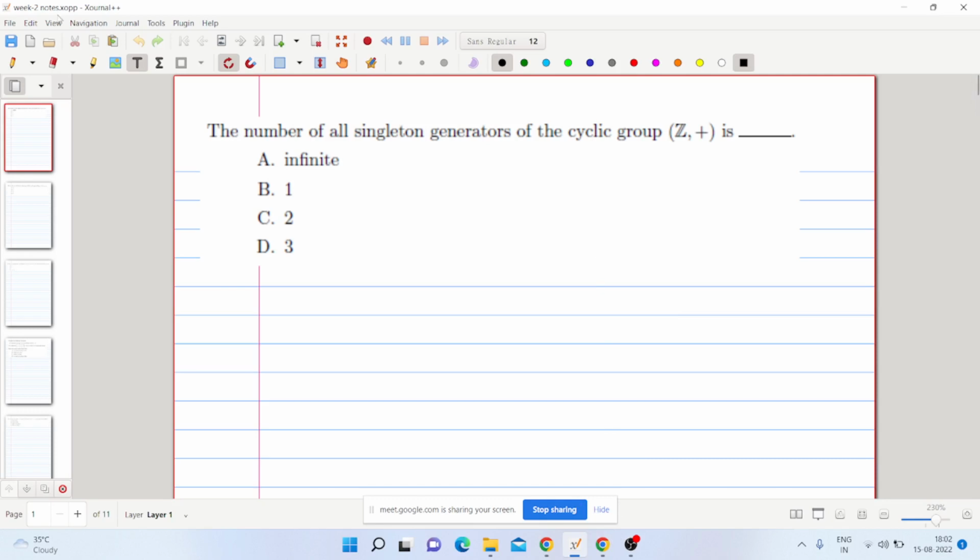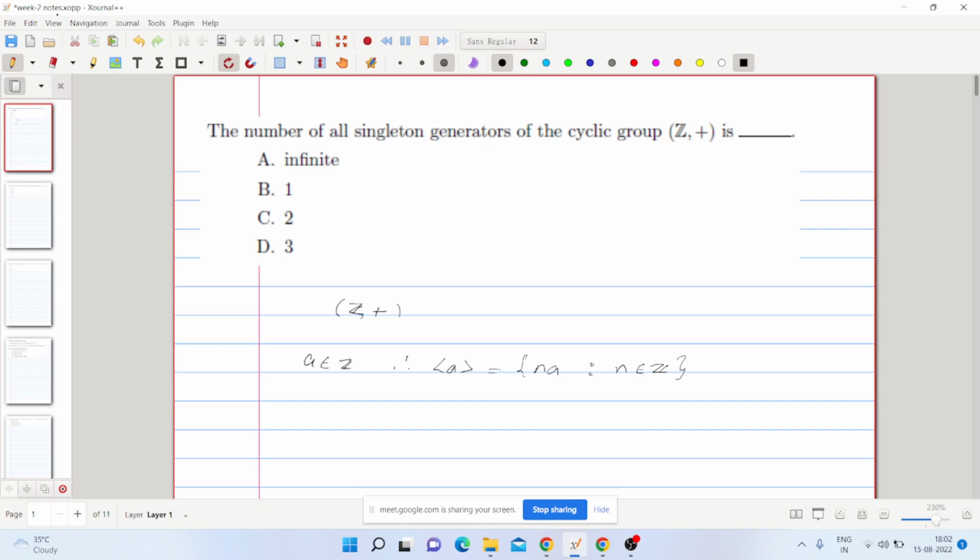Here the question is the number of singleton generators of the cyclic group Z under addition. So we are given the group Z. The question is to find the generators of the cyclic group, that is, elements a in Z such that the subgroup generated by a equals the set of all na such that n belongs to Z. This is the group generated by a, and a is the generator.